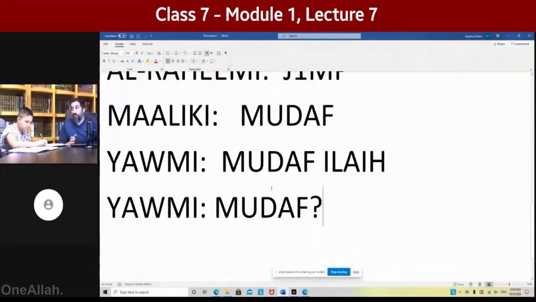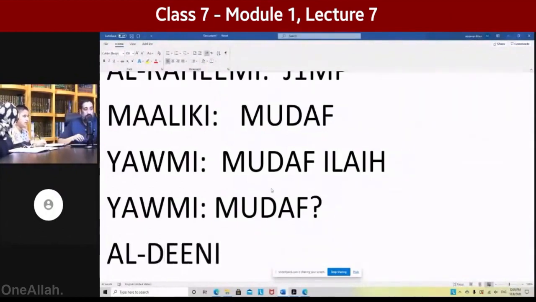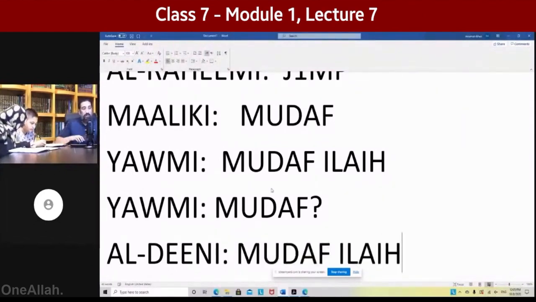I don't know, but I can verify. How do I verify? If the word after it, Adini, is e, so that's jar, which means it is mudaf ilayh, which means this is in fact a mudaf. So I wrote Yomi twice because it's mudaf ilayh, but it's also mudaf at the same time.